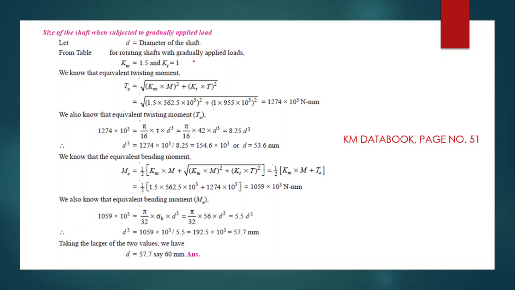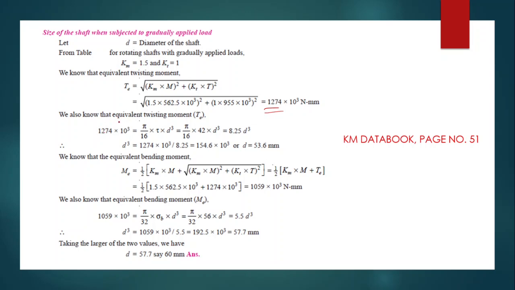We get the values of Km and Kt from that table. Then we know that the equivalent twisting moment Te is equal to 1274 into 10 raised to 3 Newton mm.